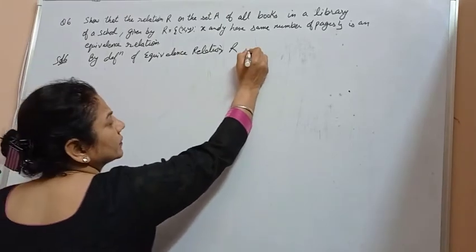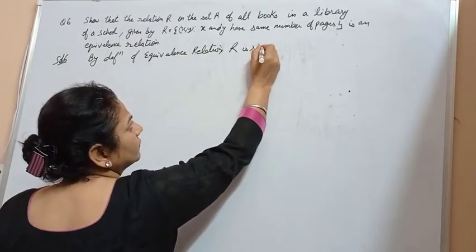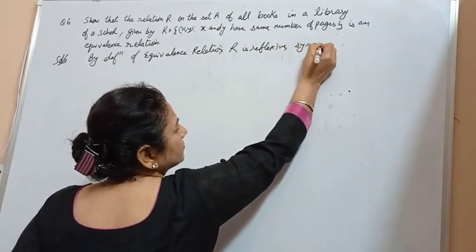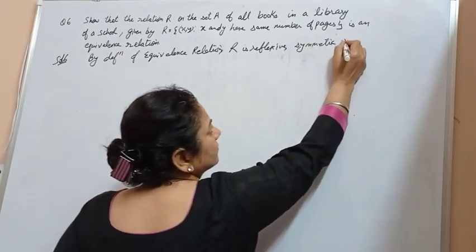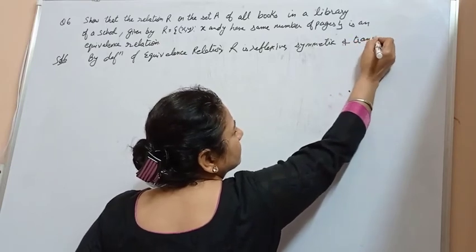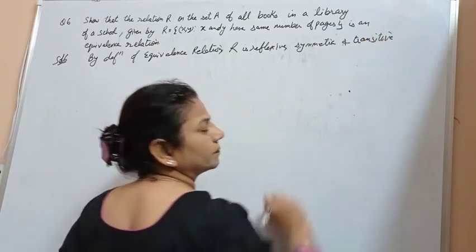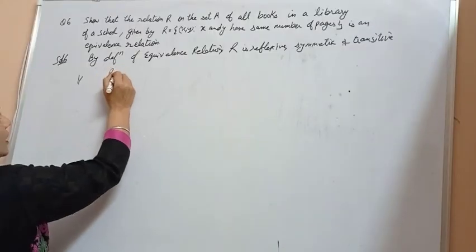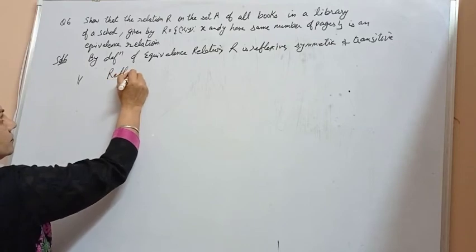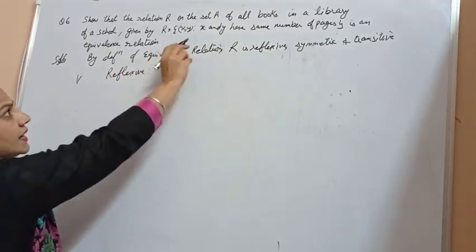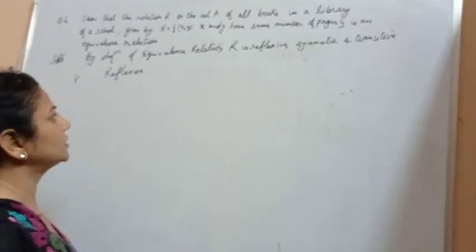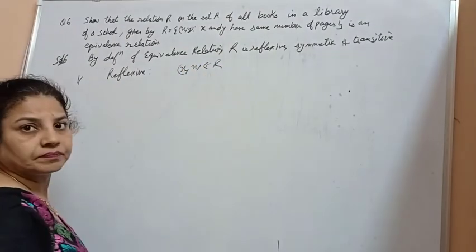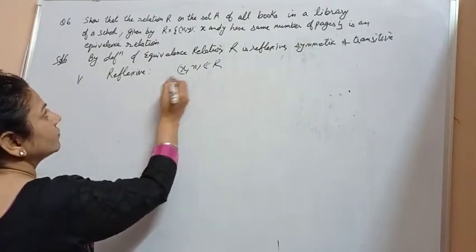R should be reflexive, symmetric and transitive. So let us prove, first, reflexive. R is reflexive. As (x, y) belongs to this relation, I say that (x, x) belongs to relation R. So what should I get?